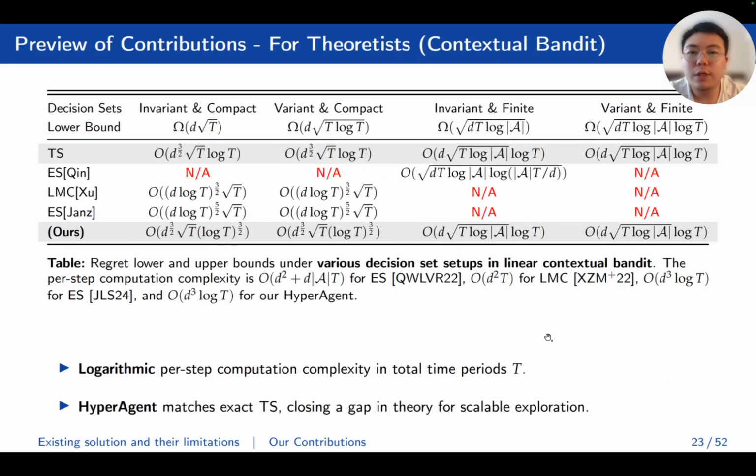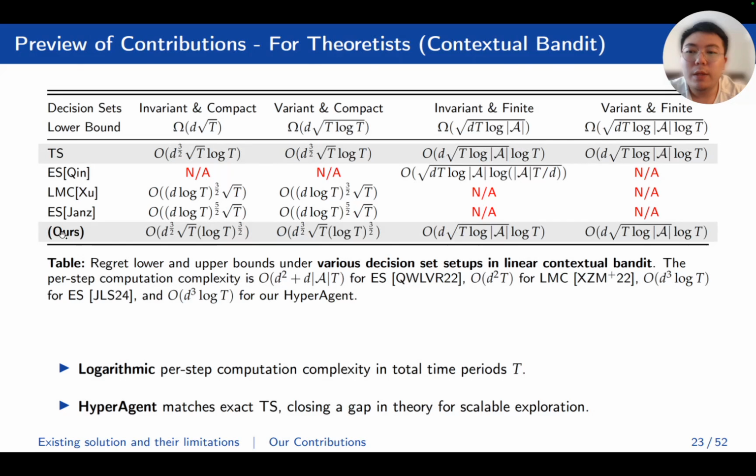And also for contextual bandits, the ensemble sampling and Langevin methods use computation per step linear in T, which is the time steps.